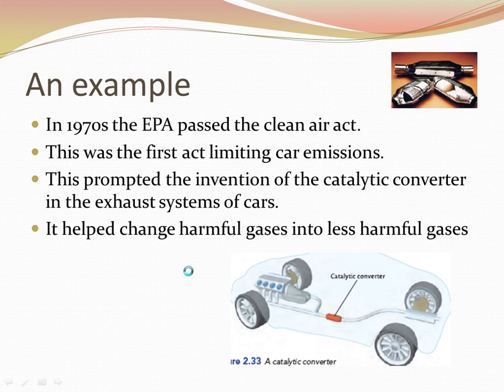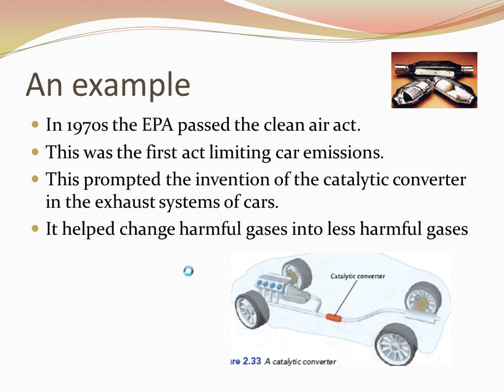An example from your book: in the 70s, we started to pay attention to our atmosphere and the pollution in it, and the Environmental Protection Agency passed the Clean Air Act in 1970. This was the first sort of government regulation that limited car emissions, so this is when the whole idea of emissions testing started.